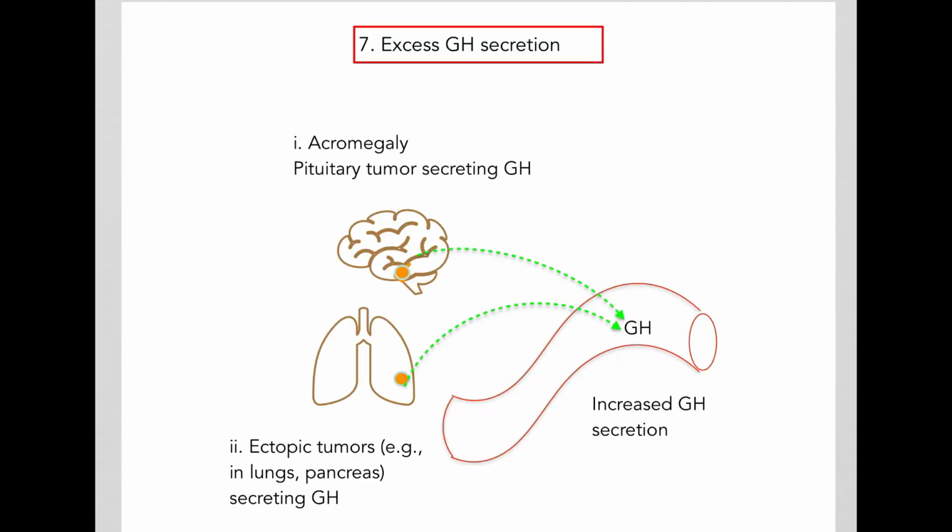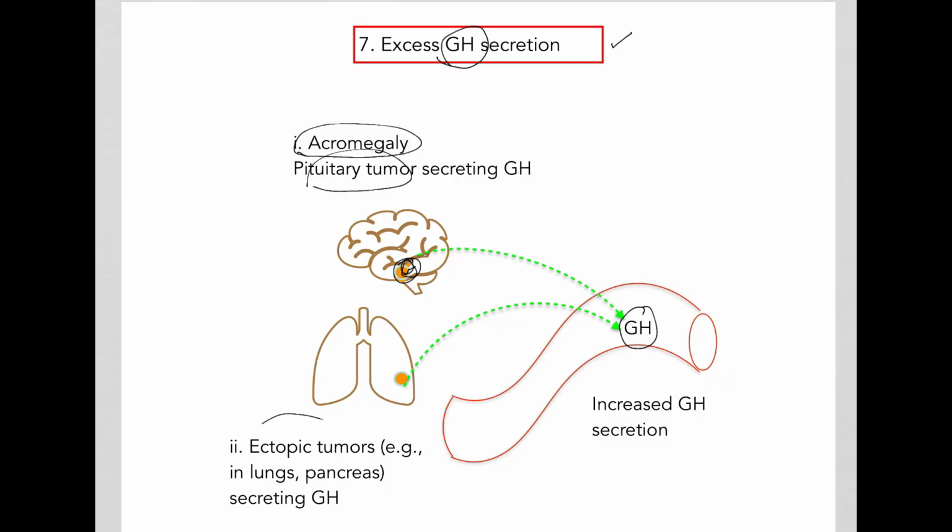So again, if there is excess growth hormone, that is going to increase your blood glucose and cause hyperglycemia. Examples of increased growth hormone secretion we see in this disease acromegaly, where there is a pituitary tumor that is making a lot of growth hormone. So it's going to be high growth hormone in the bloodstream and hyperglycemia.